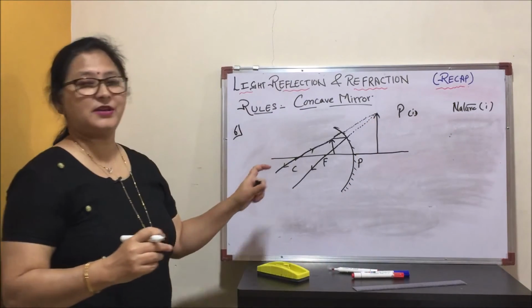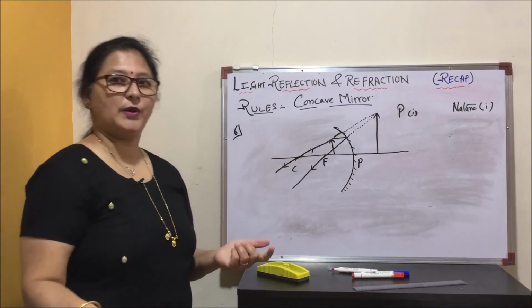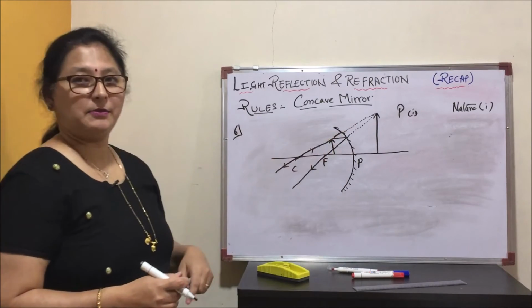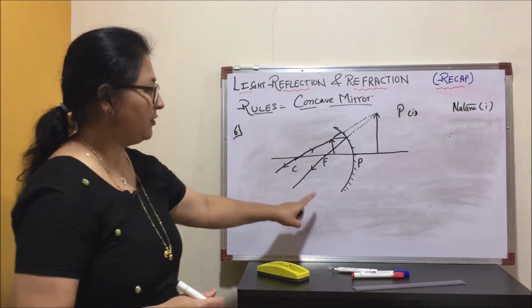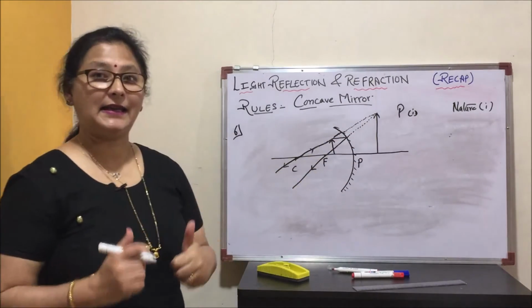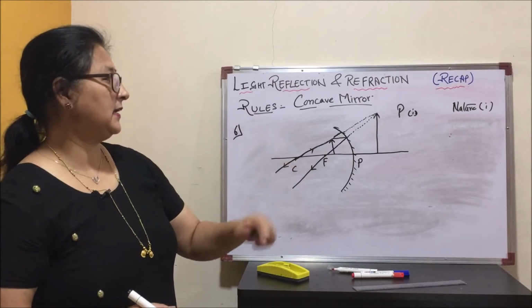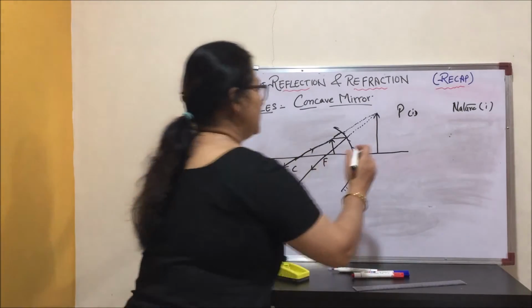Now because these rays are not meeting in reality, they are not meeting, that is why the image formed in the 6th case of concave mirror, you can see it is an erect image, right? Position, you can write behind the mirror, right?